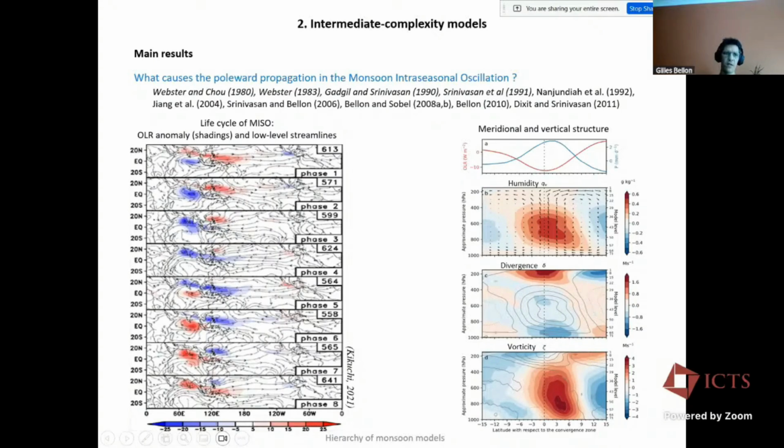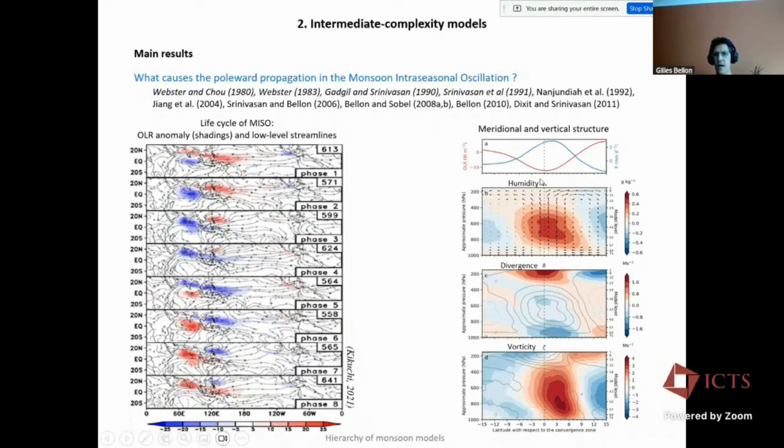Now, if you look at the meridional and vertical structure of this mode, that's something that Jiang in 2004 did, and I've redone it here for you. So you can see the OLR and precipitation up here, and then the composite humidity that's associated to that in terms of latitude with respect to the center of convection and vertical coordinates. And here the divergence, and here the vorticity.